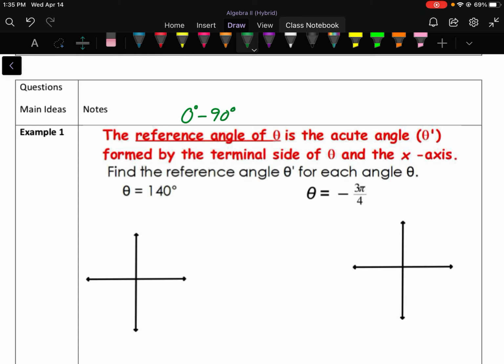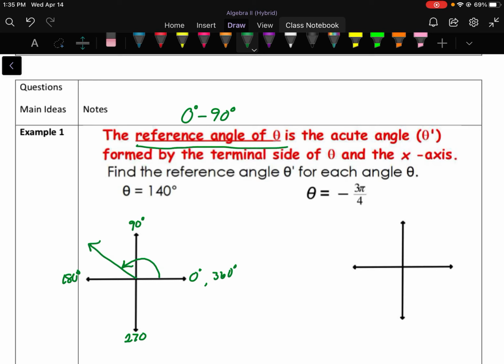For example, if I ask you to find the reference angle for 140 degrees, you're going to start at your positive x-axis. Remember, this is 90, 180, 270, and then this would be 0 or 360. So 140 is somewhere between 90 and 180, so we're back here.